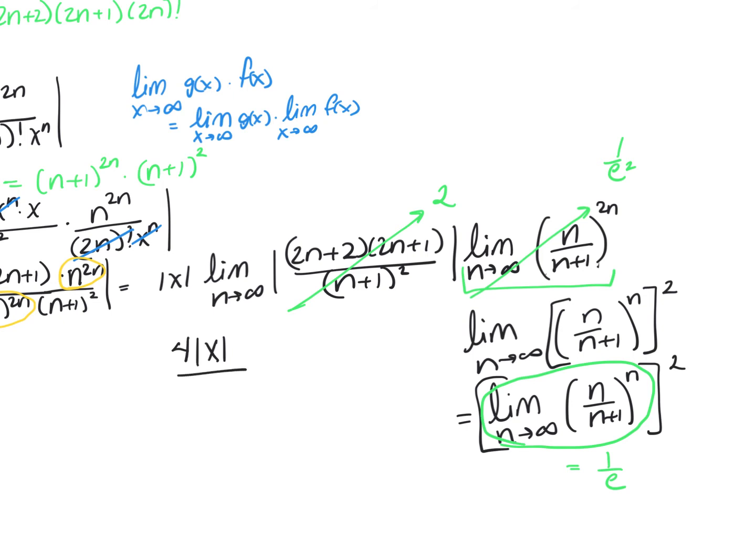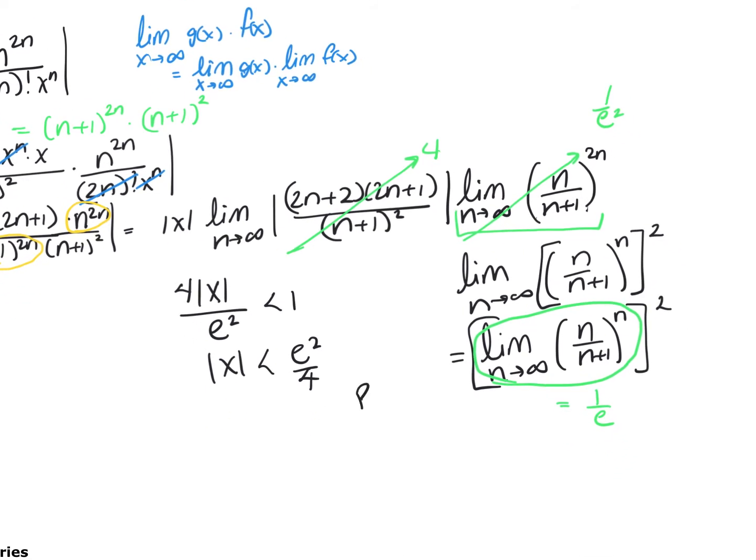Not 2, it should be 4 here, because it'll be 2 times 2, which is 4. Coefficients. So 4. And then I have e squared has to be less than 1. So the absolute value of x has to be less than e squared over 4. And that is my radius of convergence, my r. So my r is equal to e squared divided by 4.